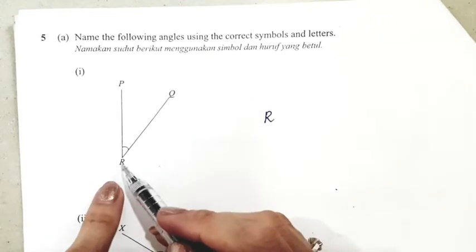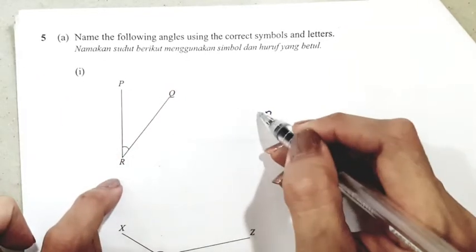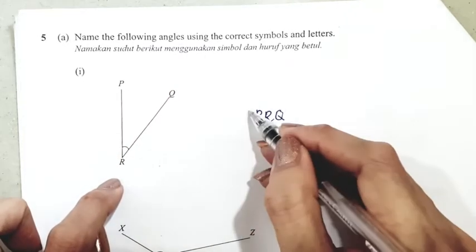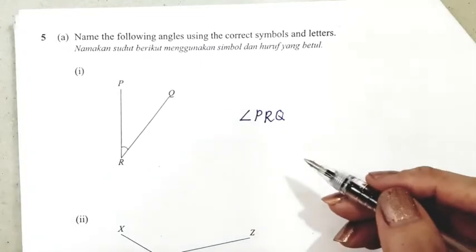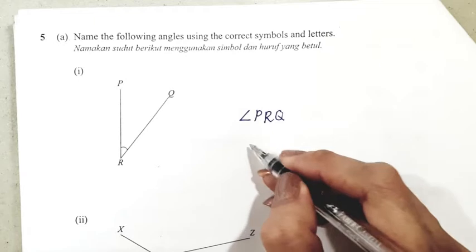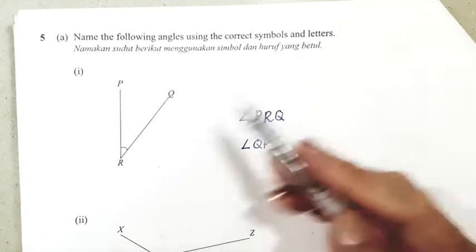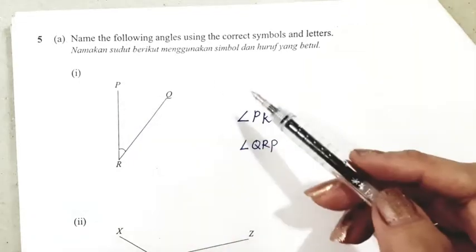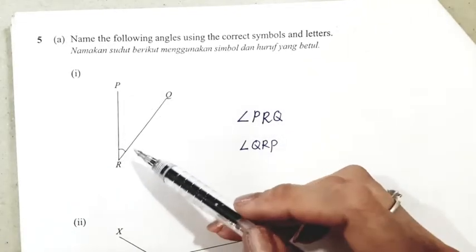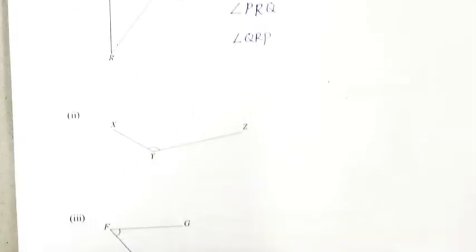And the angle is made from the line PR and QR, so the P has to be in front, Q at the back, and put the symbol. So this will be our answer: angle PRQ. Should you write angle QRP? Acceptable. But if you give me PQR, no. QPR, no. The angle should be written in the middle.